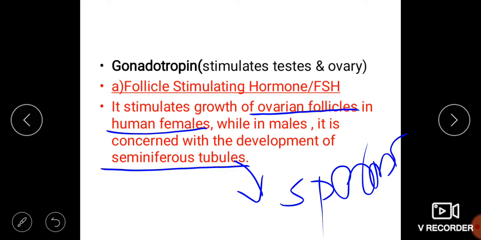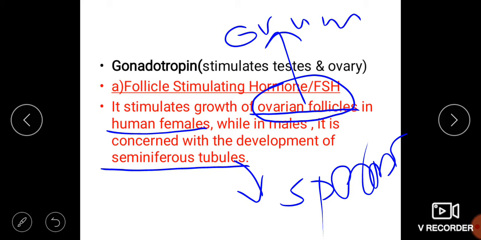In human females, it stimulates the growth of ovarian follicles, so that the ovarian follicle contains ovum, and it is also essential for the development of seminiferous tubules in human males.